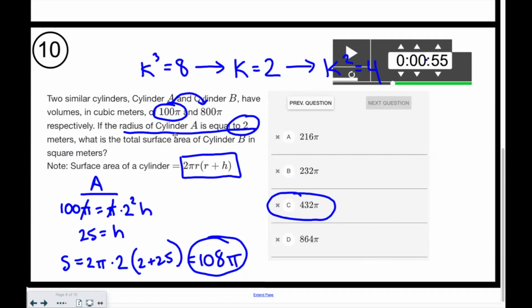I can definitely make sure next week to include more scale factor problems, because the SAT likes those types of problems. There's a long way to do it, and the scale factor typically is a shortcut. This problem was kind of ridiculous, I agree, but next week I can make that a focus to help understand it more.